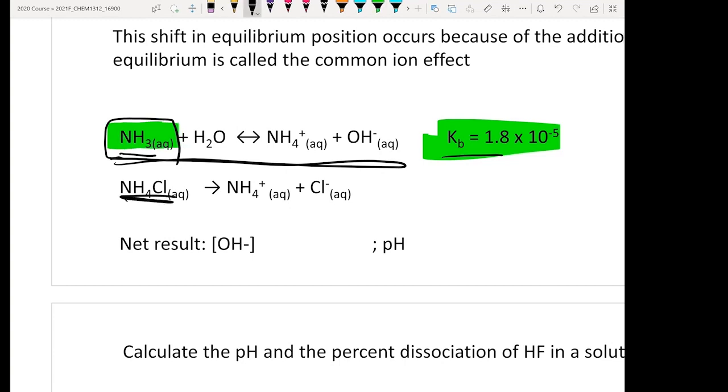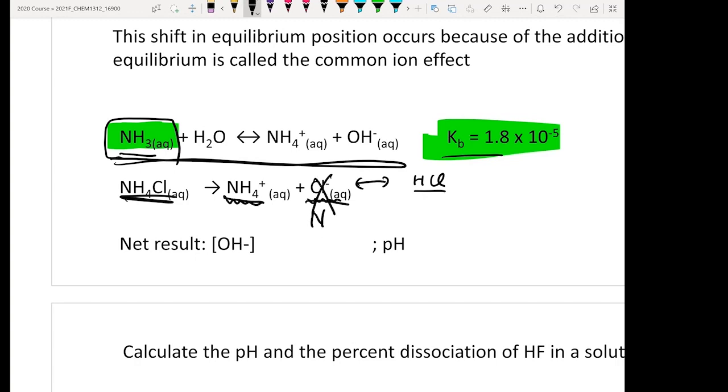This is the salt I throw in. Once it dissociates, you got these two species. Cl minus is a conjugate base of HCl. And HCl is a strong acid, therefore its conjugate base is neutral. So you know this guy is not going to be the one that affects your pH.